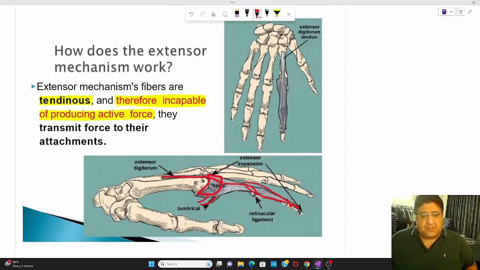So this is how it all works. ठीक है. Now from the metacarpal side, towards the lateral side of the lateral band, what will come? Lumbrical. And interossei will be connected over there, as I have already shown you in the previous image. Does that make sense to you?